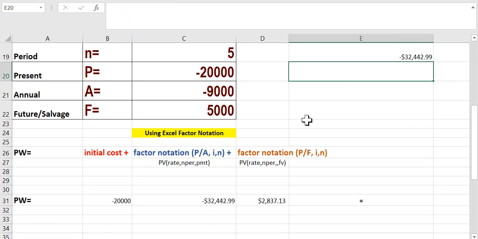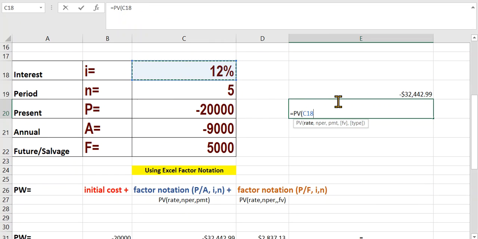I need to send it to P. So also I will need equal PV. And here I have also the rate. Then following the function variables, we have the period. Then I have the payment. I look at it. Oh, I don't need payments. I need the future. So I skip payment.